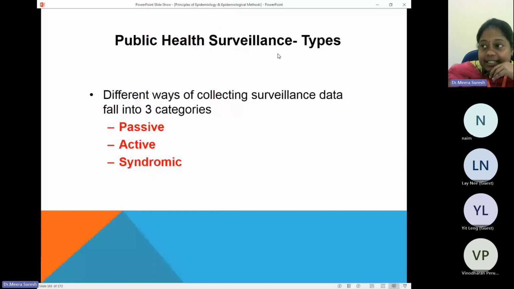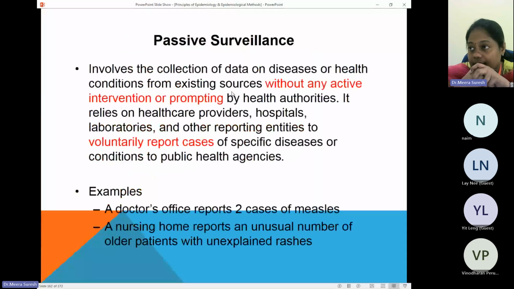Public health surveillance, based on how we collect data, as I already told, has three types: passive, active, and syndromic. It is important to understand the difference between the three. Passive, as I already told you, means the epidemiologists are not even collecting the data. They are sitting in the office and people are voluntarily reporting to them. They are not doing any active intervention or prompting.